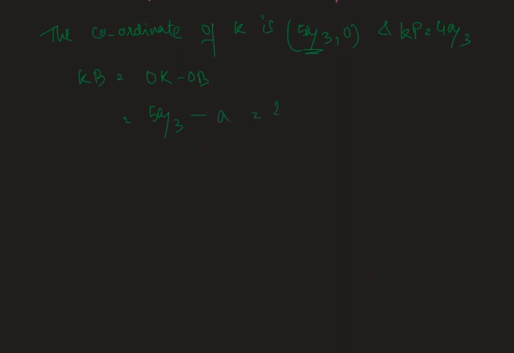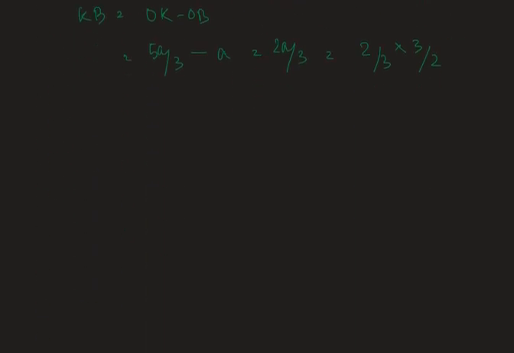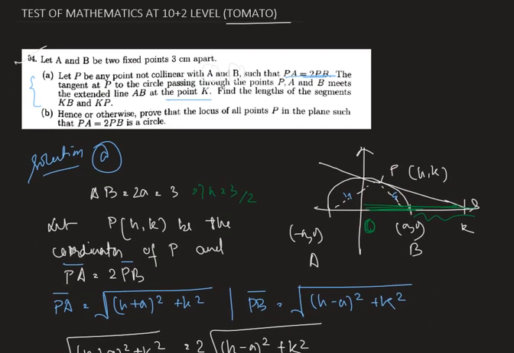Therefore this results in 2a by 3. Therefore 2 by 3 multiplied by 3 by 2, as we already have the value of a equal to 3 by 2, results in 1 centimeter. So this is the answer of the first portion of this question.